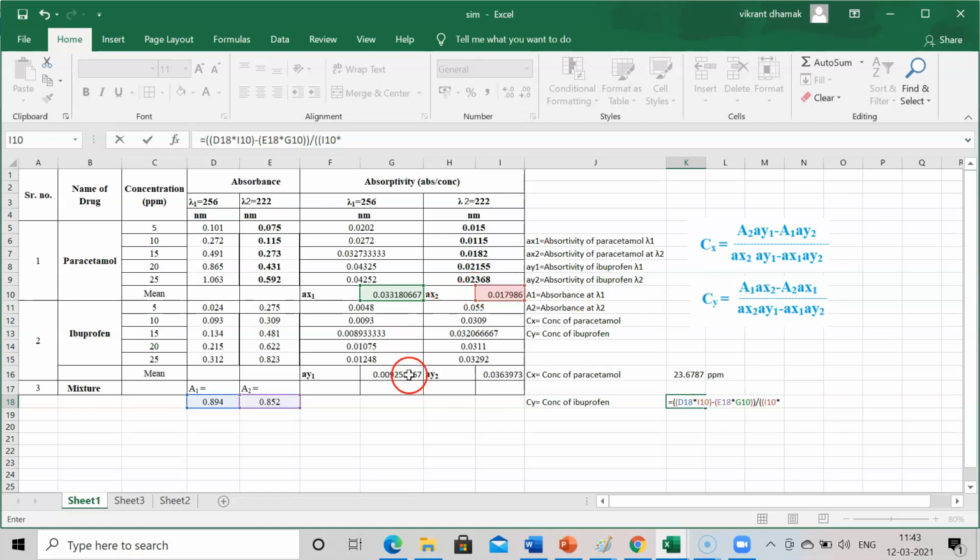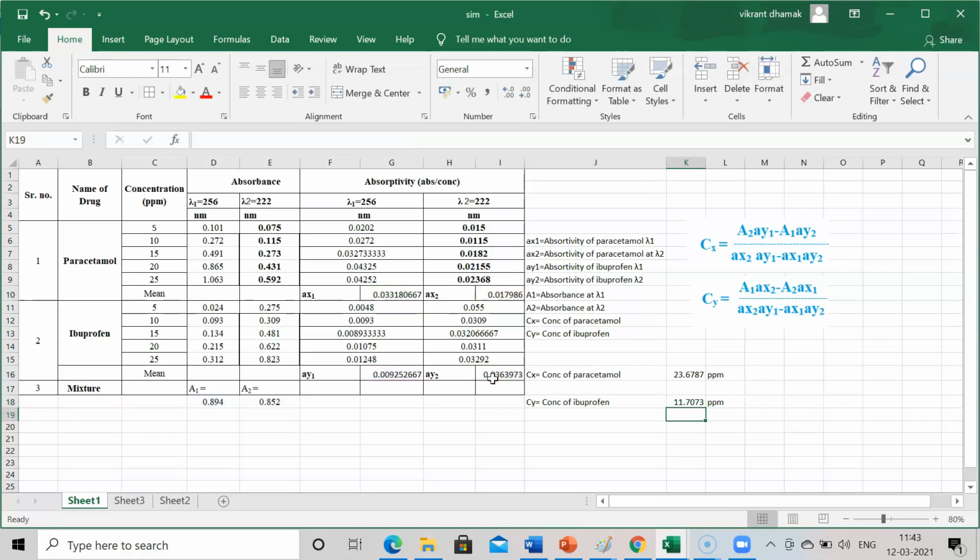So press on the AY1 cell, complete the bracket, minus, after that AX1, before that put a bracket, AX1 I have selected now, into AY2. So press double bracket and you have got the value of ibuprofen.